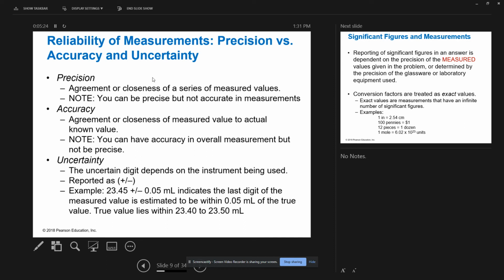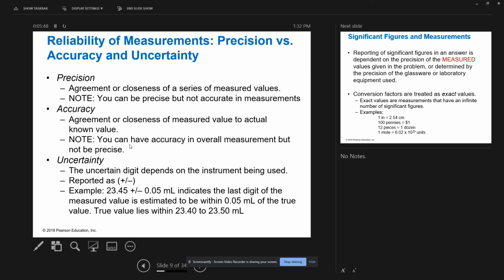When we talk about measurements, we also need to talk about something called precision and accuracy. They're two different things. Precision is simply how close your measurements are to each other. It doesn't have anything to do with whether those measurements are accurate or not. It's just how close they are to each other.